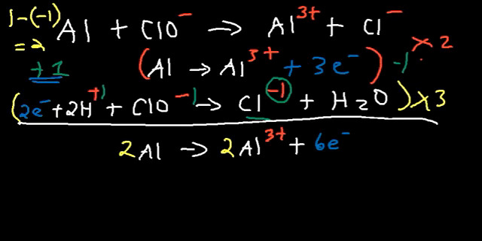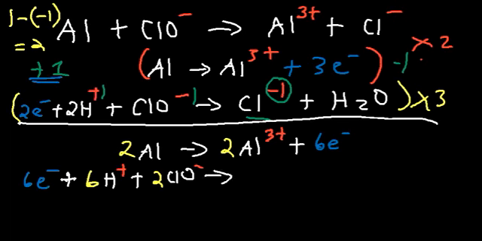On the bottom, we have 6 electrons plus 6H+ ions plus 2 hypochlorite ions, yielding 3 chloride ions and 3 H2O molecules.